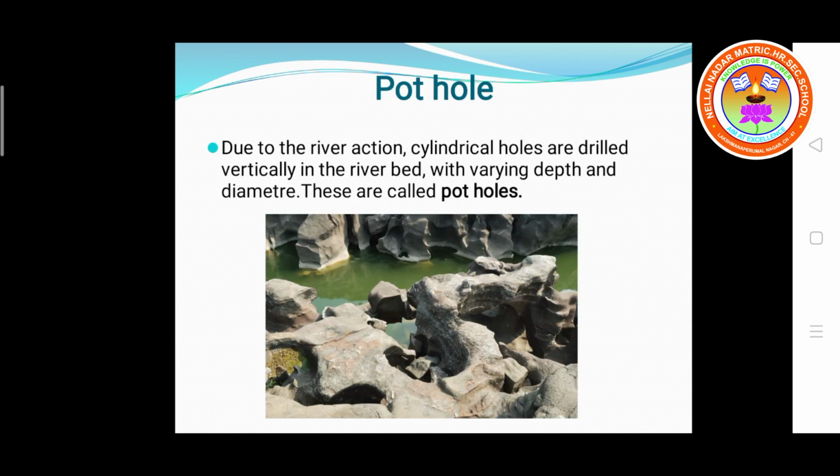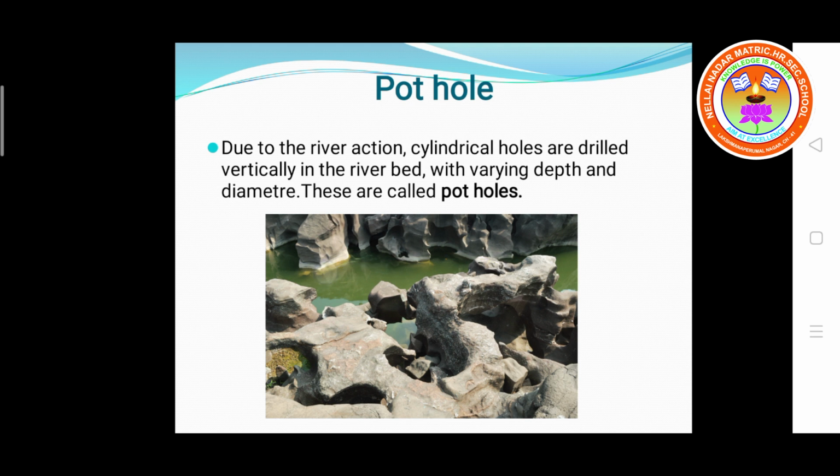Next one is potholes. Due to the river action, cylindrical holes are drilled vertically in the river bed, varying in depth and diameter, and that is called a pothole. Please have a look at the picture shown in slide number 16, pothole.